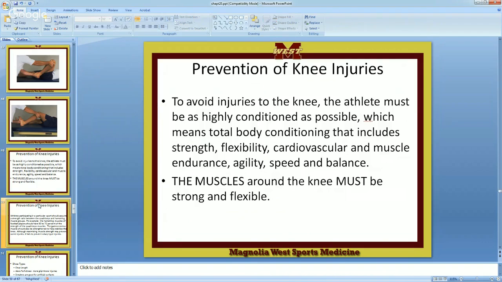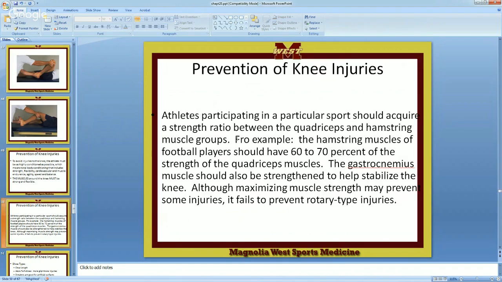All right, slide 50. Prevention. Athletes participating need to have a strength ratio between the quads and the hamstring. For example, now that should change by not only sport, but also by position.